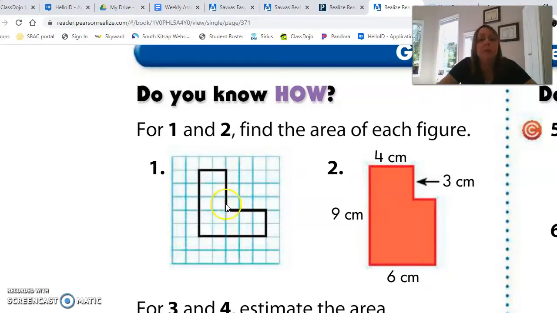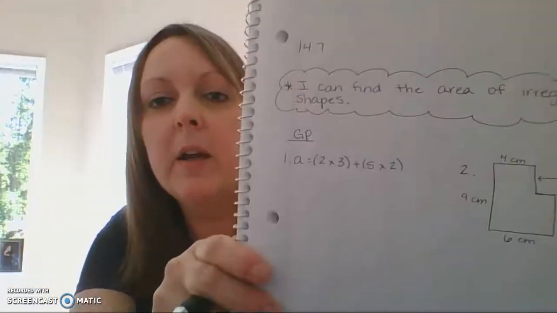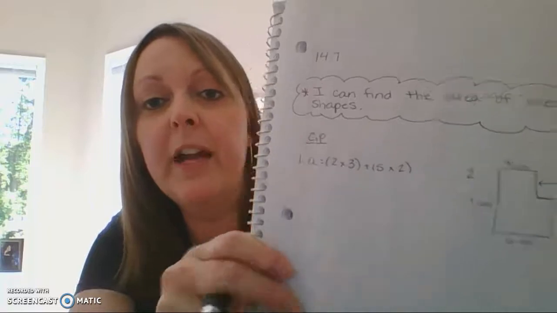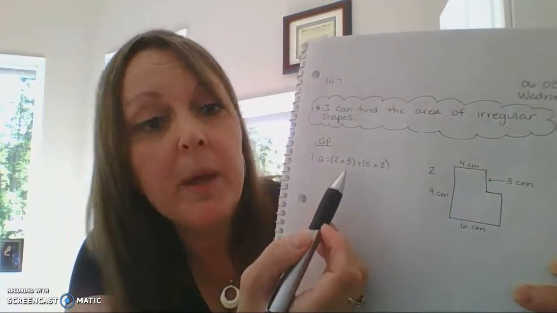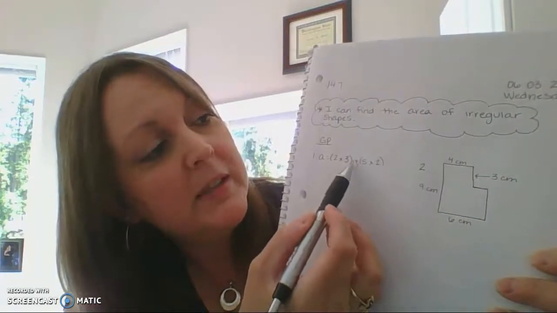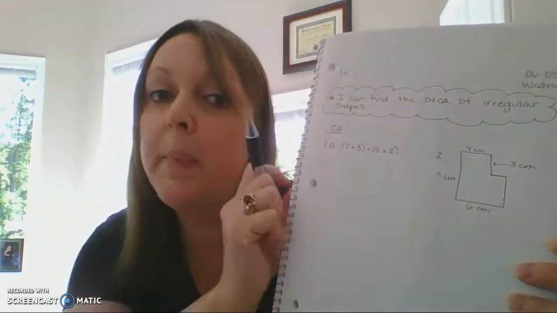And don't worry, I'll show you in just 1 second. 1, 2, 3, 4, 5 times 1, 2. Now, when you look at my paper, you're going to notice that I have my equation written like this. So the area is 2 times 3, which is the top part of the shape, and plus 5 times 2, which is the bottom part.